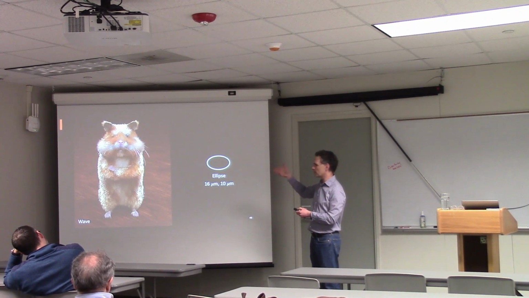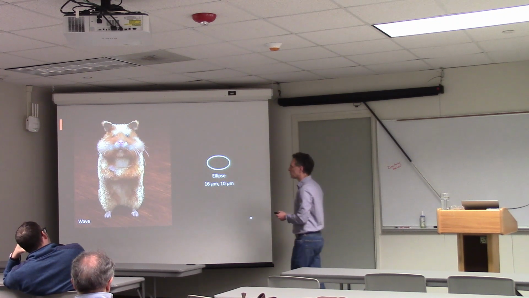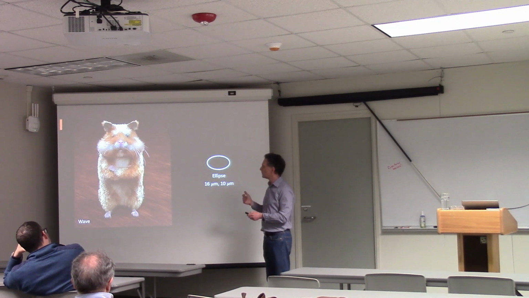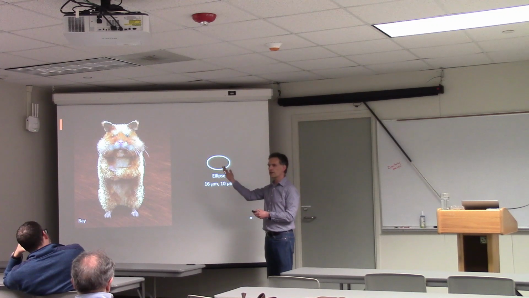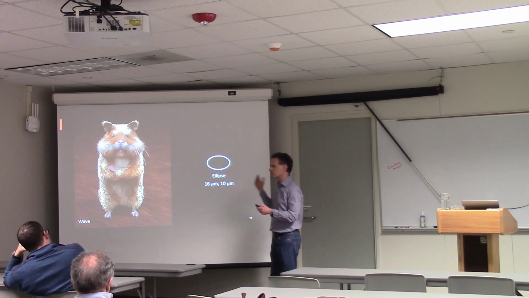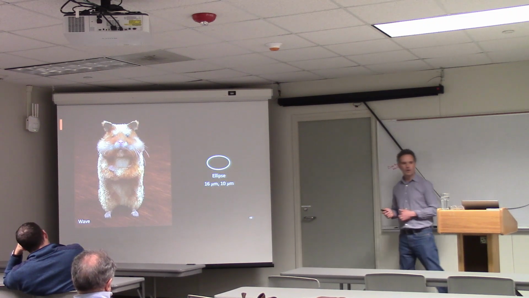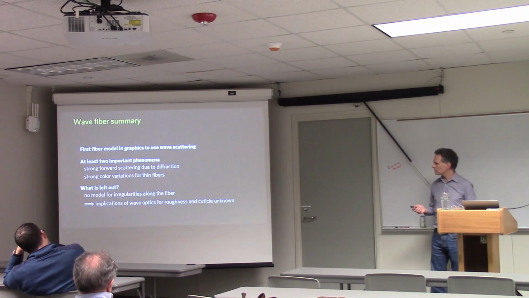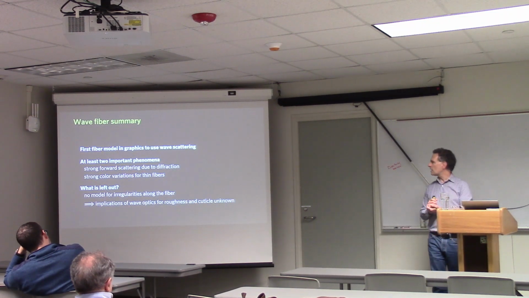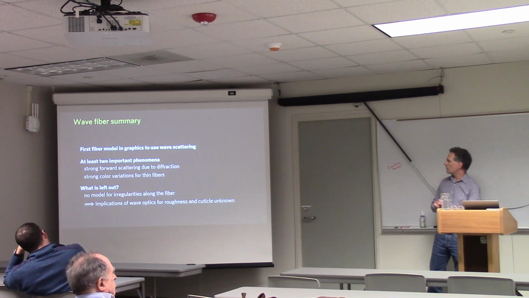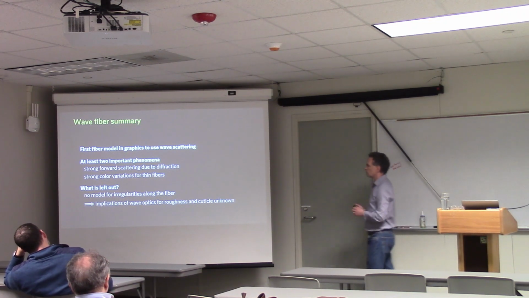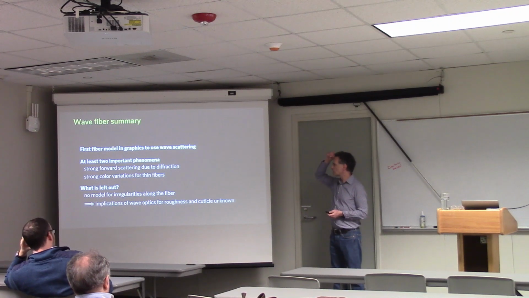They're sort of coming back toward the viewer in a place where the two models agree fairly well. But the bulk distribution of light in the medium is quite different, because this forward scattering leads to light diffusing in a very different way. So to summarize this here, this is the first fiber model in graphics that was based on wave scattering.